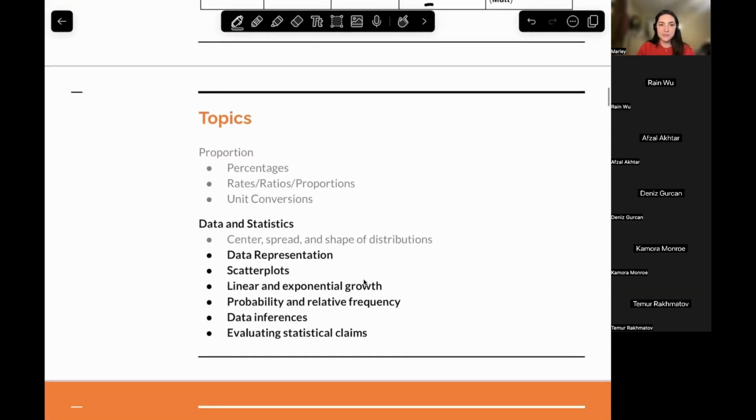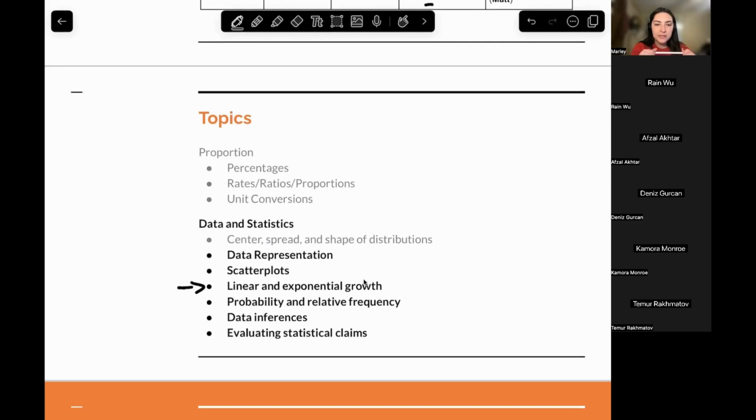These are all the topics that come up within data analysis and problem solving type questions. This morning in the earlier session, you went through the first about 4. Now we're just going to take a quick look at the rest of those topics. So data representation, scatter plots, linear and exponential growth does come up again as one of these topics, but I don't think I cover it in this PowerPoint only because we talked about it a lot in the other PowerPoints.